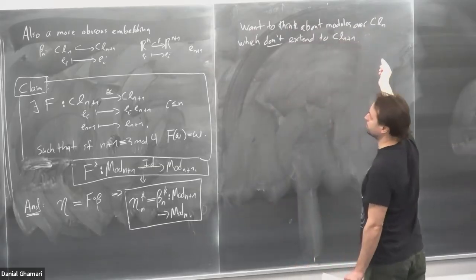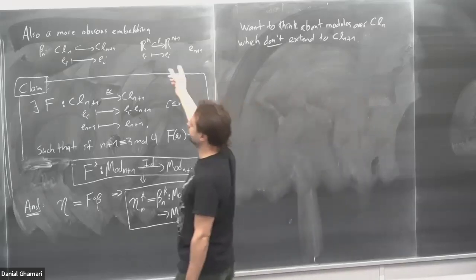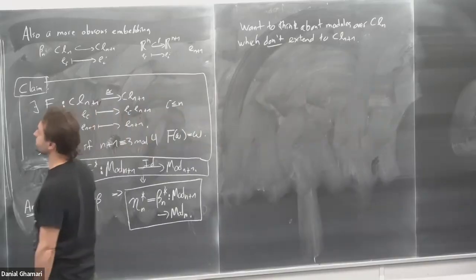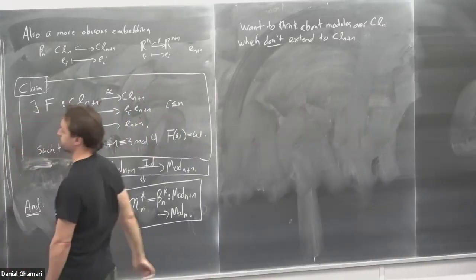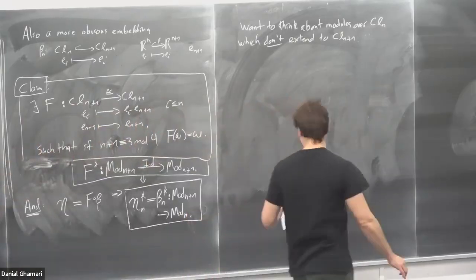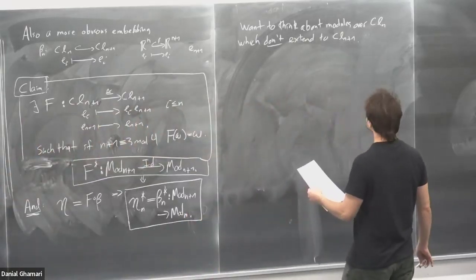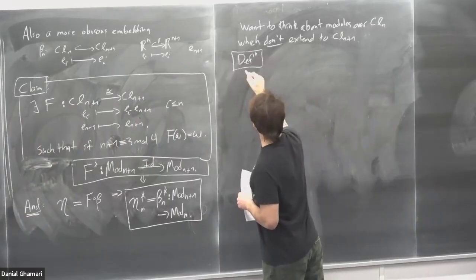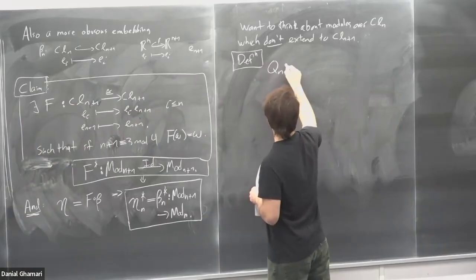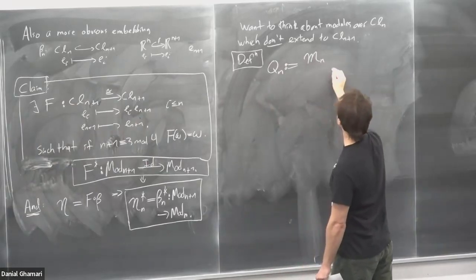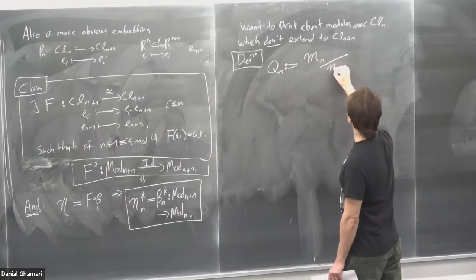This is a natural problem to think about, naturally phrased in terms of the basis embedding. But now that we just went through this whole thing, we can solve this problem in terms of the even embedding, where we actually know everything about all of these modules. So let's define a group that we want to think about: Q_n is going to be our group, modules over n modulo those that come from degree n plus one.